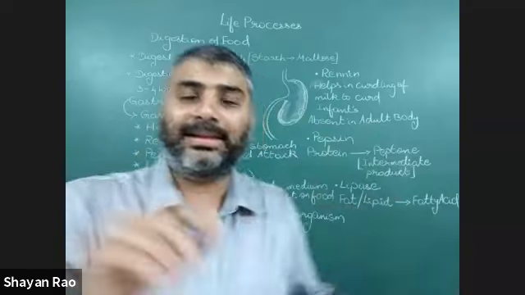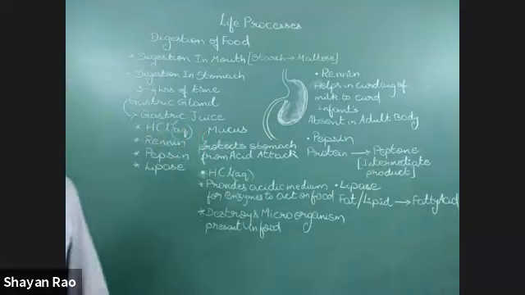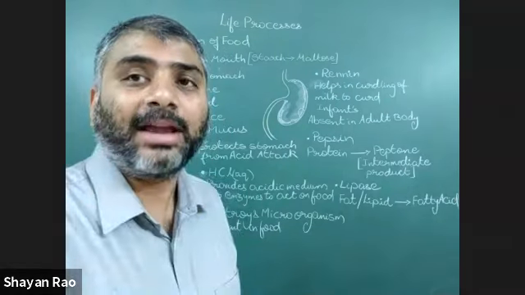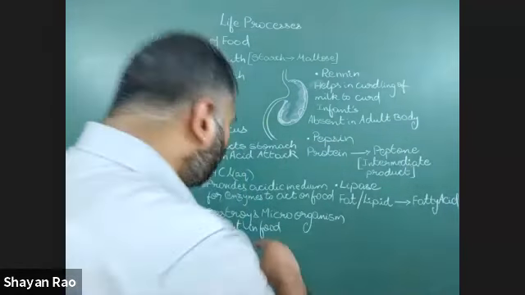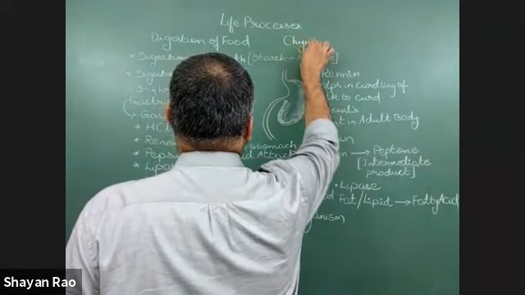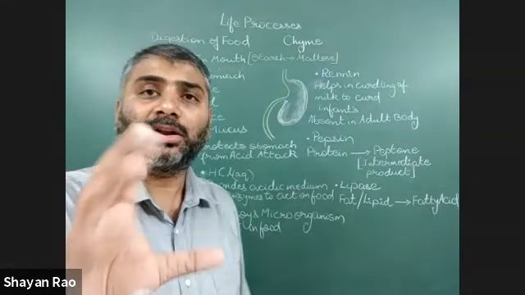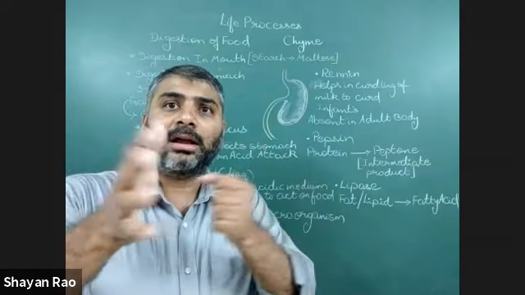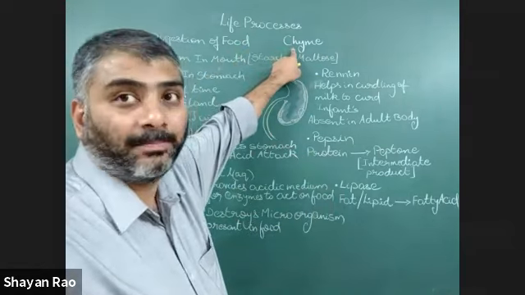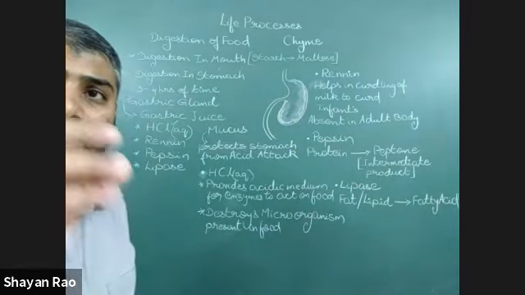Once the churning takes place, the food converts into a fluid or semi-fluid substance, which is called chyme. Once the food is completely churned, it gets converted into chyme, and this chyme will be present in the stomach.